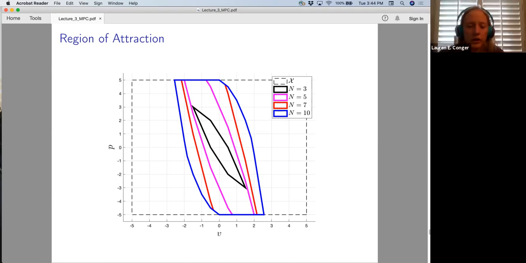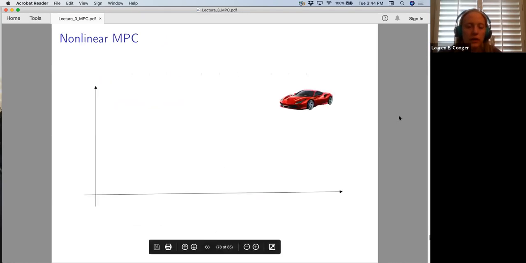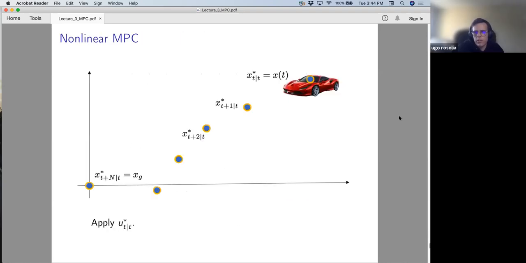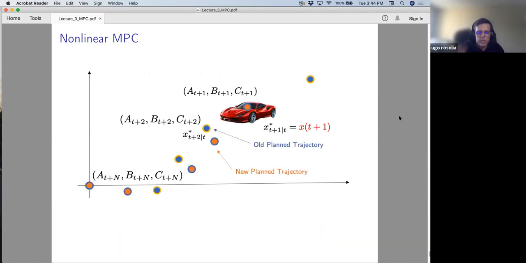For nonlinear systems, I was just wondering generally what kinds of constraints you have to have on the systems to make the approximations reasonable. Yes, this is a great question. Here you're linearizing your state around the previous optimal solution that you computed at the previous time step.